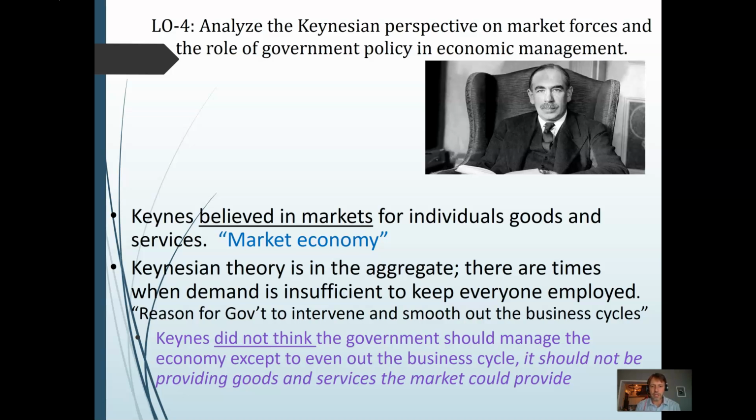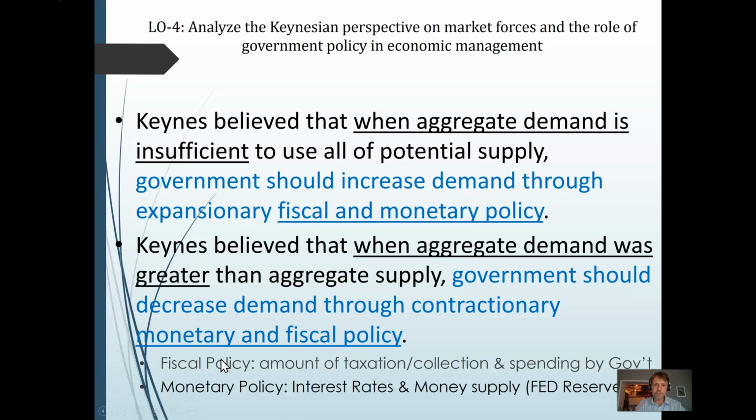He didn't think that government should manage the economy, but should even out business cycles, ease some of the pain, spread it out, and help us recover from recessionary or depression-type situations faster. And it should do that by providing goods and services that are not provided by the market, as opposed to providing ones that the market could provide itself.